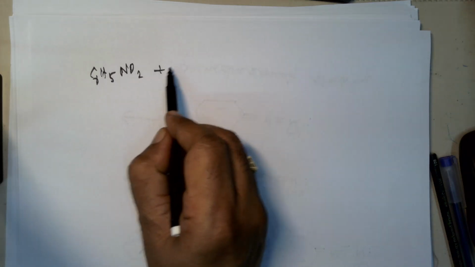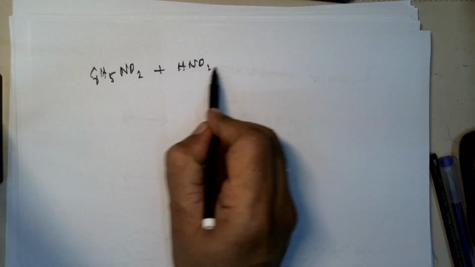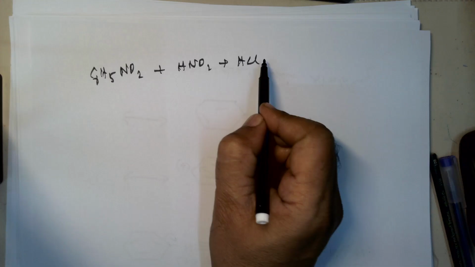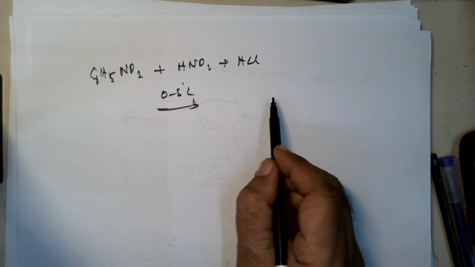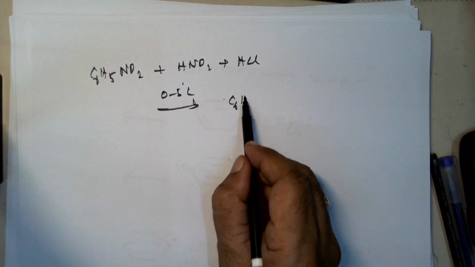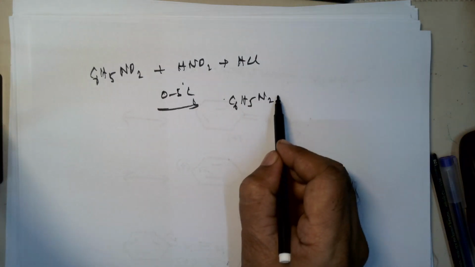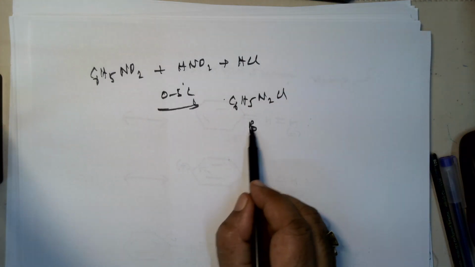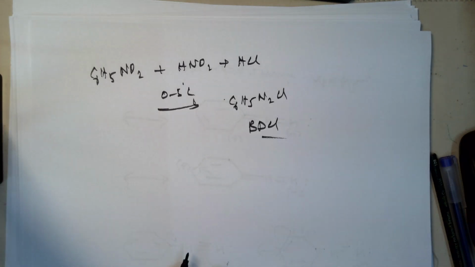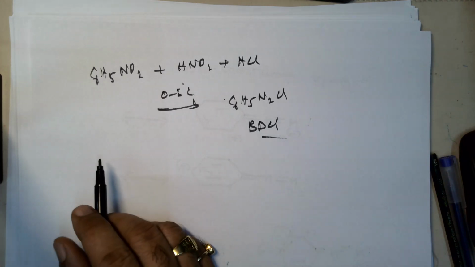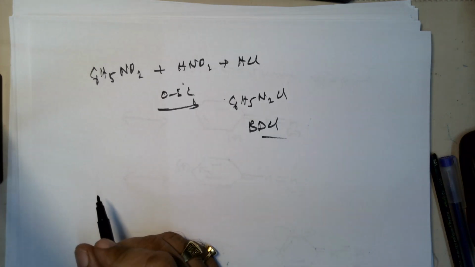Nitrobenzene, C6H5NO2, reacts with HNO2 and HCl at 0 to 5 degrees Celsius. It becomes C6H5N2Cl, which is benzene diazonium chloride. And this is capable of undergoing various types of reactions.